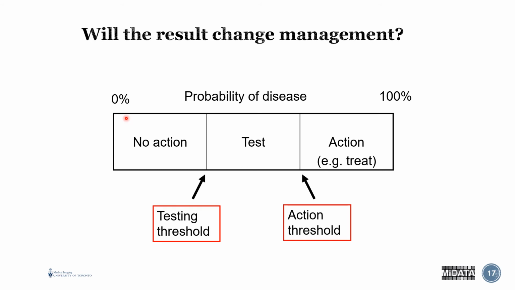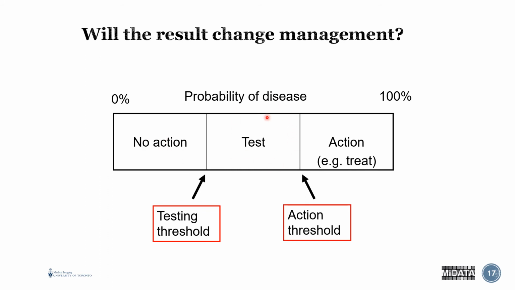Well, if you consider a linear progression from 0% probability of disease on the left here to 100% probability of disease on the right, you can imagine that you are going to transition between three states going from left to right. When you're pretty sure that they do not have the disease, or you're absolutely sure, then you're going to take no action.